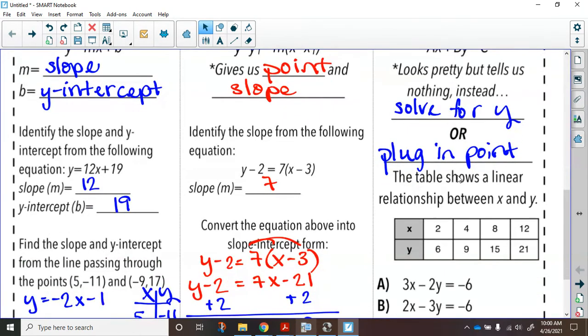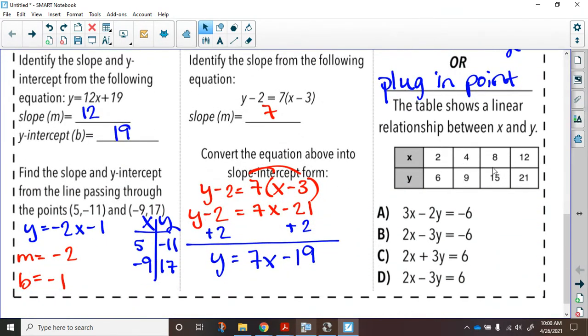So essentially, I'm just going to pick one of these points given in the table and put them into each of these problems. I'm going to choose 2 and 6. They're the smallest numbers to work with. And I'm going to plug them in for x and y. So for this first problem, I have 3 times 2 minus 2 times 6.